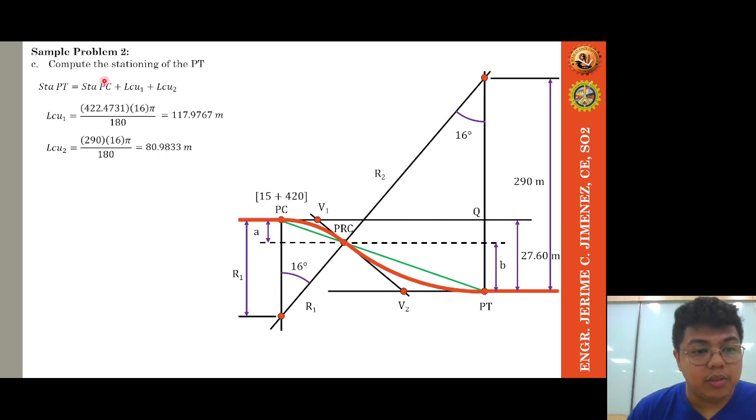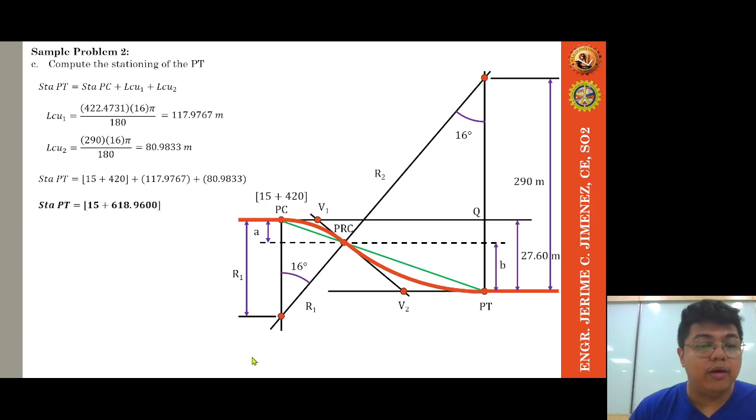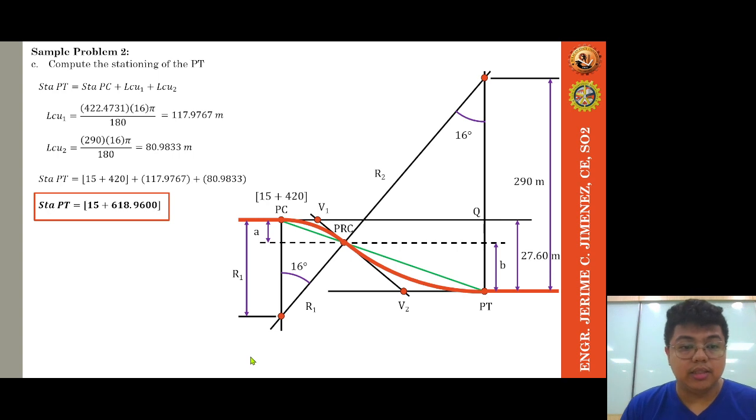Given naman si station PC, na-compute na natin si LCU1, na-compute na rin natin si LCU2. We have station PT is equal to 15 plus 420 plus 117.9767 plus 80.9833. And station PT, calculating it, we have 15 plus 618.9600.